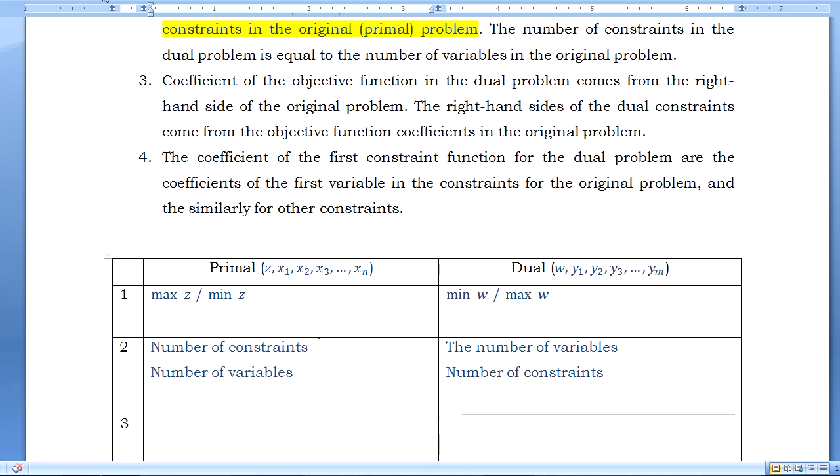For example, in the primal, we have M constraints.